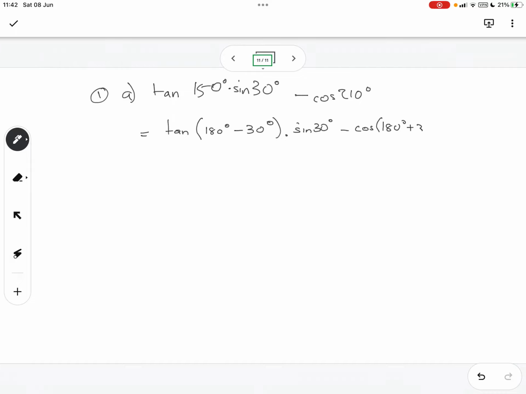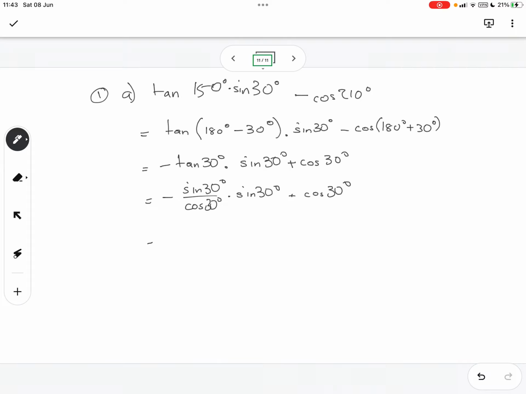then this equals tan of 180 degrees minus 30 degrees multiplied by sine 30 degrees minus cos of 180 degrees plus 30 degrees. 180 minus, tan is negative, so this gives me negative tan 30 degrees times sine 30 degrees minus, 180 plus theta is third quadrant, cos is negative, so then that becomes plus cos of 30 degrees.